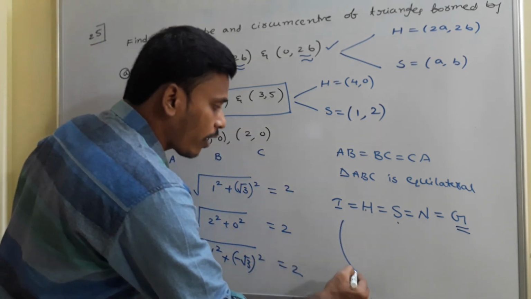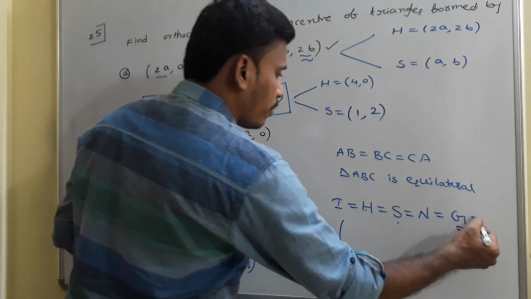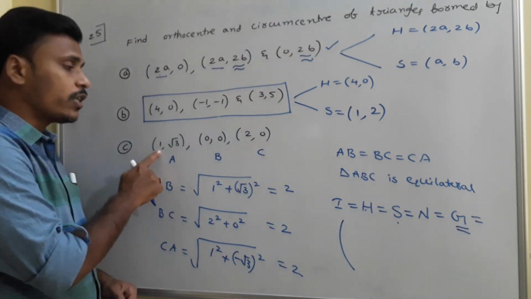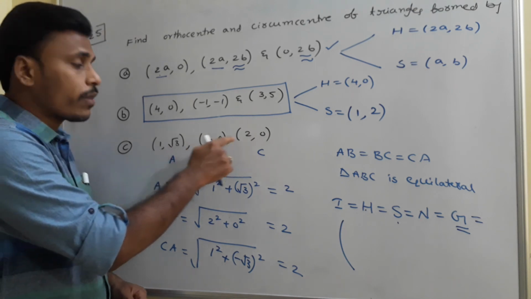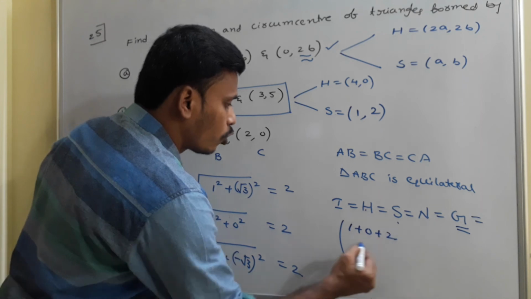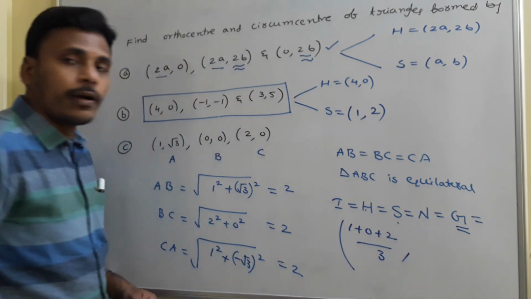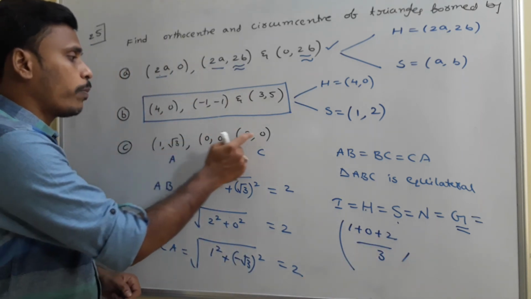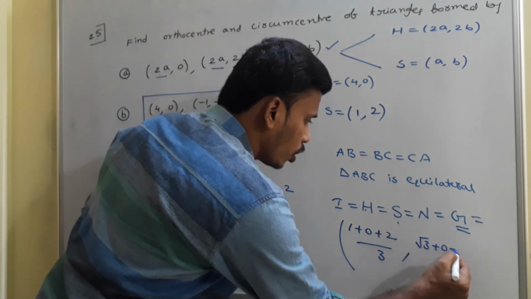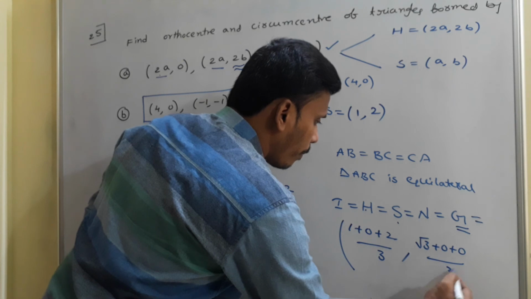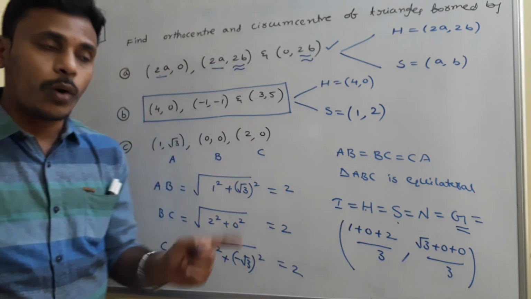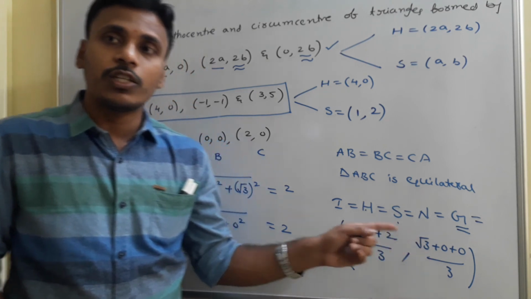So we know that centroid is ((x1 plus x2 plus x3) by 3, (y1 plus y2 plus y3) by 3). x1 is 1, x2 is 0, x3 is 2. So (1 plus 0 plus 2) by 3 comma (y1 plus y2 plus y3) by 3. So what is it? Root 3 plus 0 plus 0 by 3. So just simplify. 1 plus 2, 3 by 3 is 1, and root 3 by 3 is 1 by root 3.